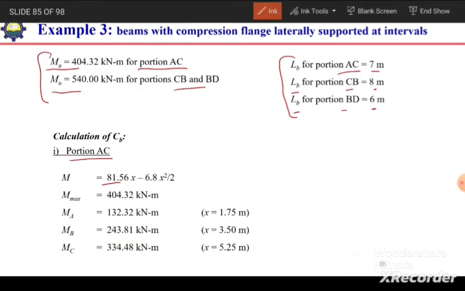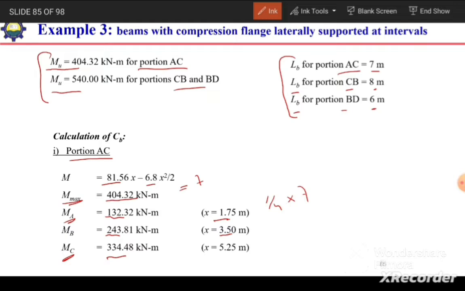So we can see 81.56 times x, minus 6.8 times x squared by 2. The maximum moment will be at point C at a distance of 7 meters, and MA at 1.7 meters, meaning 1/4 of 7, comes out to be 132. At the center, at a distance of 3.5 meters, its value is 243, and at point C its value comes out to be 334.